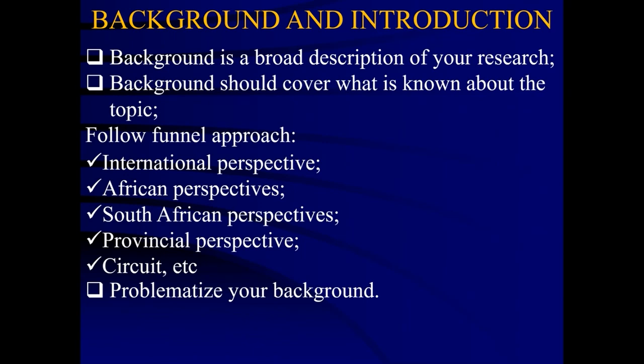And then you can break it down into the province. If the study, for instance, is conducted in Gauteng as a province, tell us how this problem is affecting the province. You can even go down to the district or the circuit that you are going to investigate, to give us some background on how that particular district or circuit is affected by the problem.